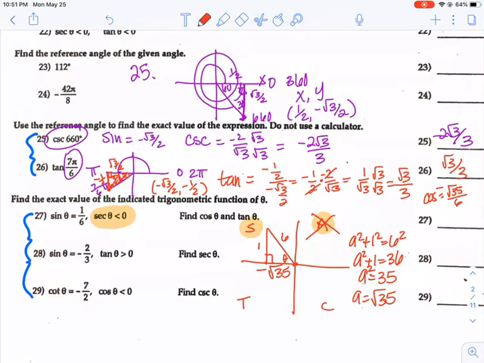And then tangent, opposite over adjacent. Your opposite is 1. Adjacent is negative rad 35. So you have tan equals 1 over negative rad 35. And then you're going to rationalize that. So rad 35 over 35, and it's going to be negative.